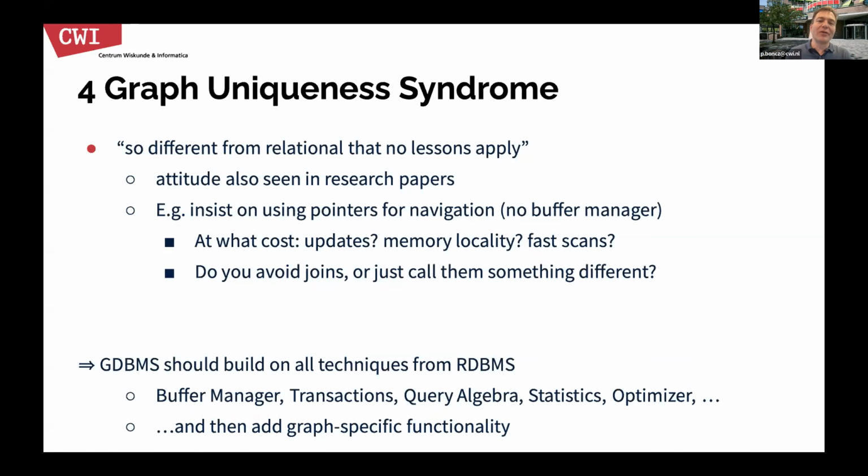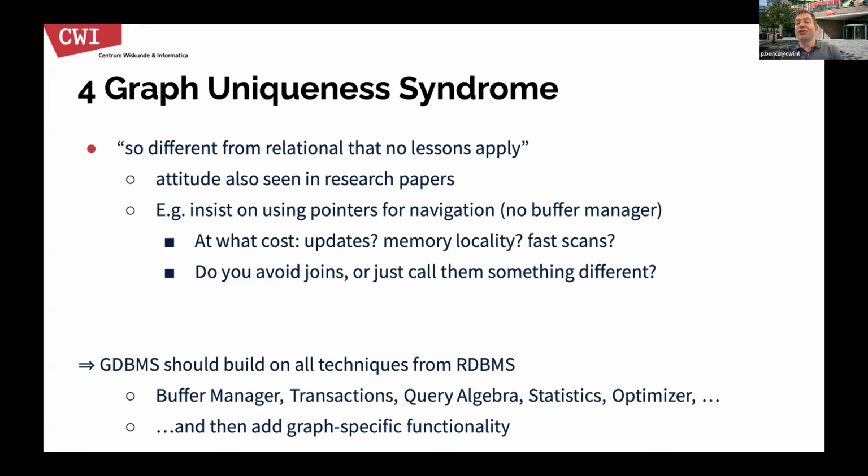An example, and that's also one of the crucial rallying points of graph data systems, is the importance of using pointers, because an edge is like a pointer, and therefore I also want to use a memory pointer, and I want to follow it, I will do navigation in O(1). An equivalent of that is putting stuff in arrays, using offsets and following an offset. But this comes at a cost. If you have stuff in an array, how do you do updates?